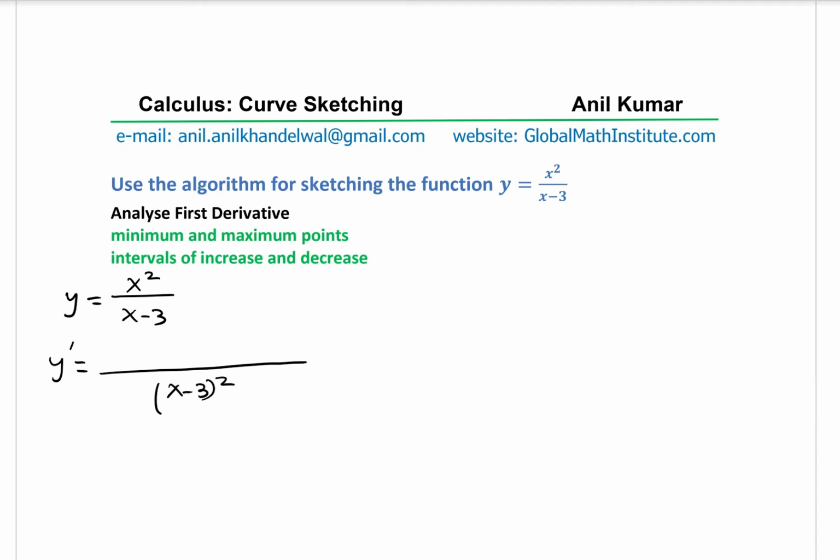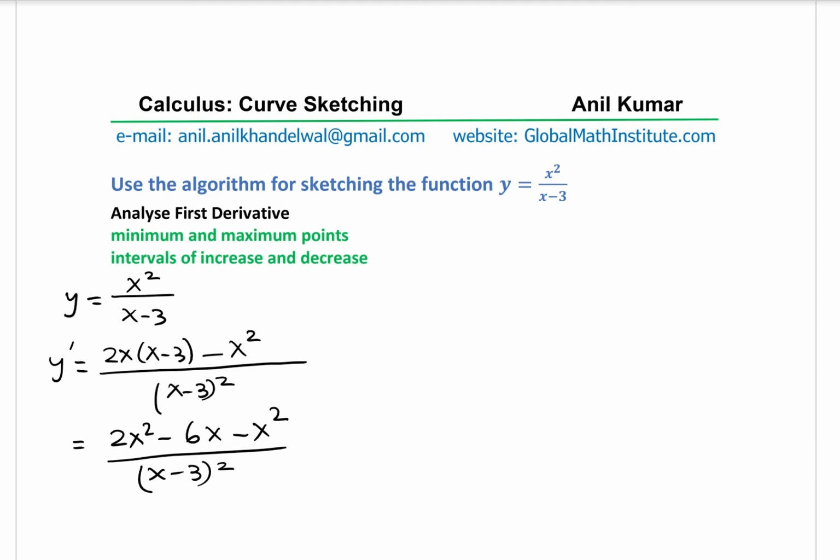Numerator derivative will be 2x times (x minus 3) minus x squared times the derivative, which is just 1. Let's simplify this. So we get 2x squared minus 6x minus x squared over (x minus 3) whole square.